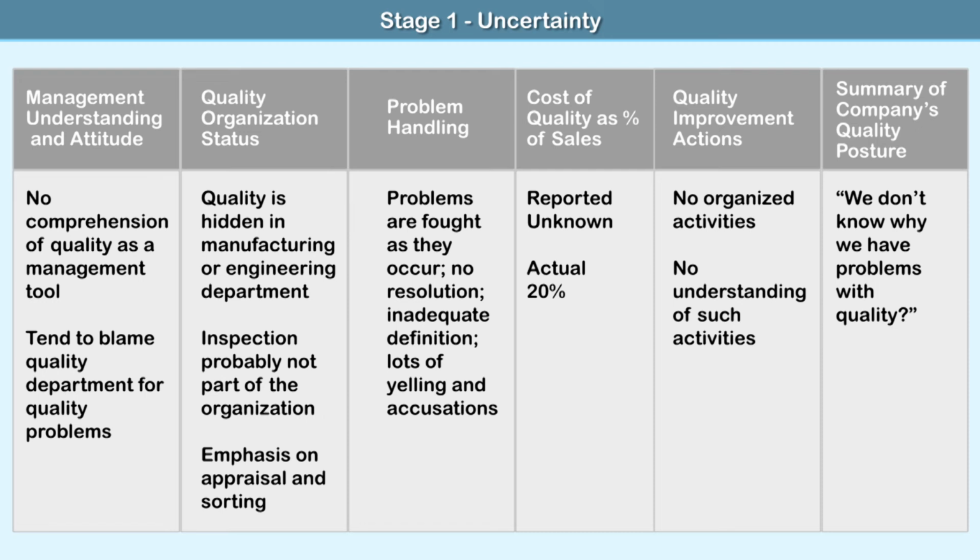Stage 1, uncertainty. The management understanding and attitude during this stage is no comprehension of quality as a management tool. Tend to blame quality department for quality problems.